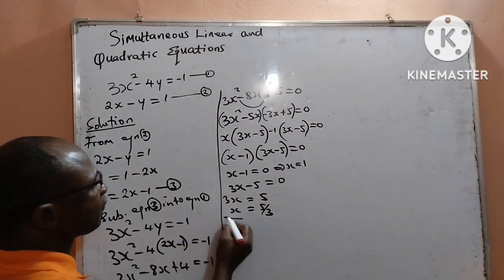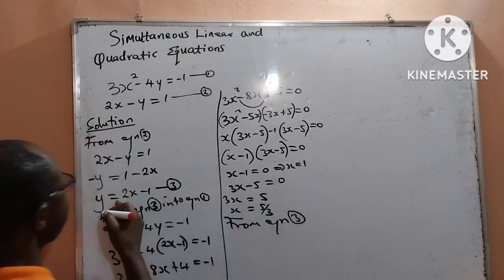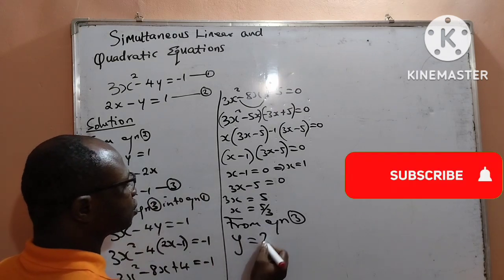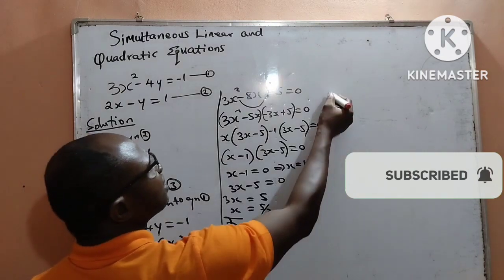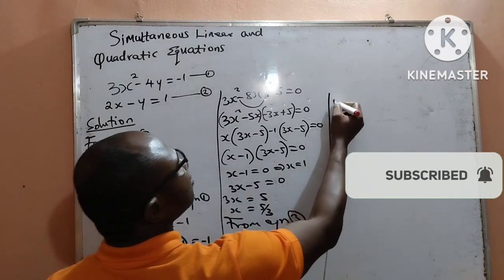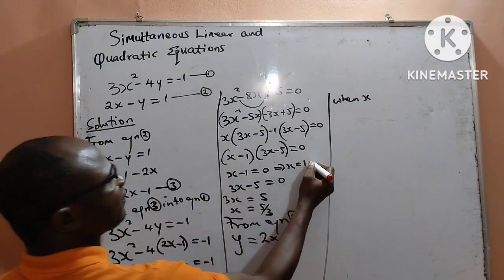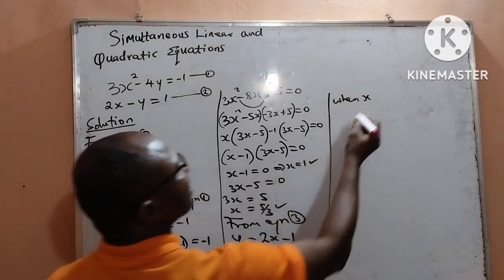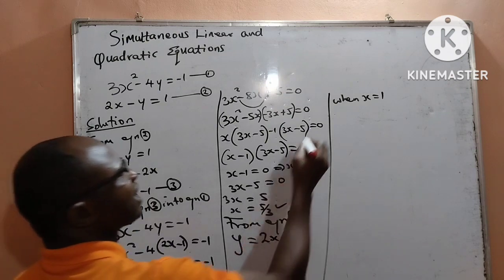Now, therefore, from equation 3, where I got that y is equal to 2x minus 1, I can now write that when my x, the first answer for x, is equal to 1, we come here and get the value of y.